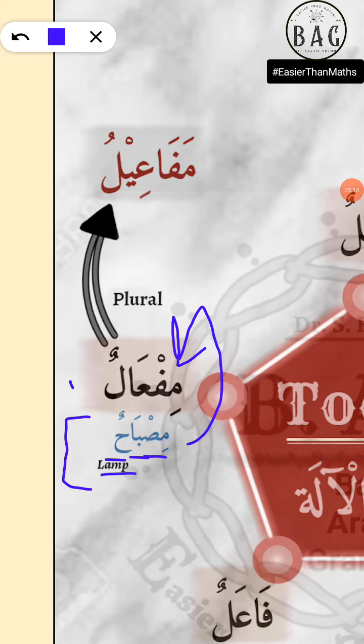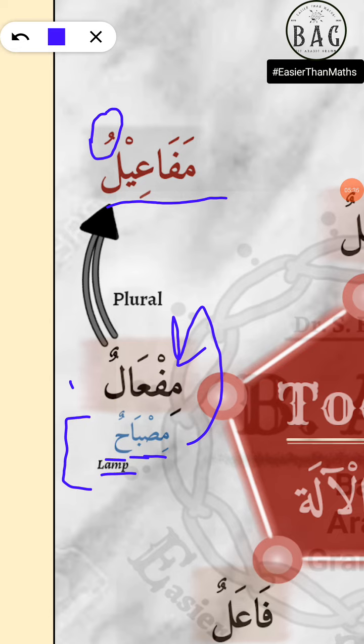Now, the pattern for any plural of mif'alun would be mafa'ilu. Okay? I'm sorry, it's not mafa'ilun, it's mafa'ilu. Okay? And why is this point important? This point is important because it is jama mukassir and it is ghair munsarif.